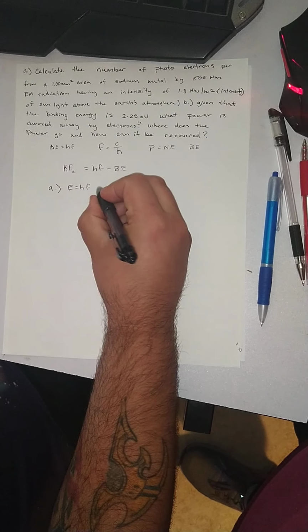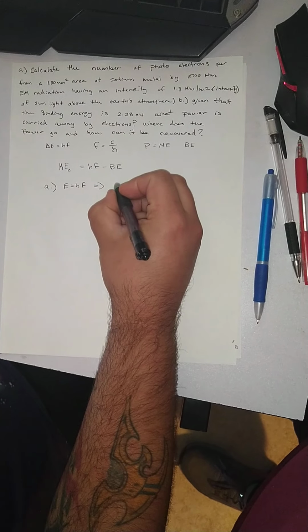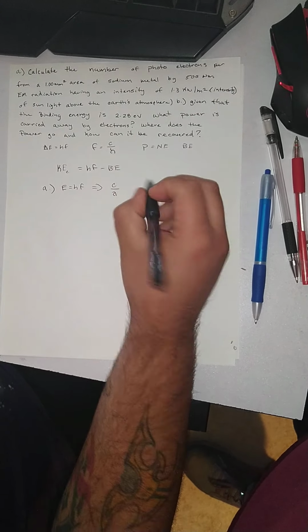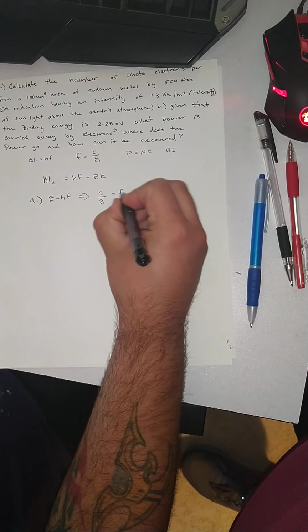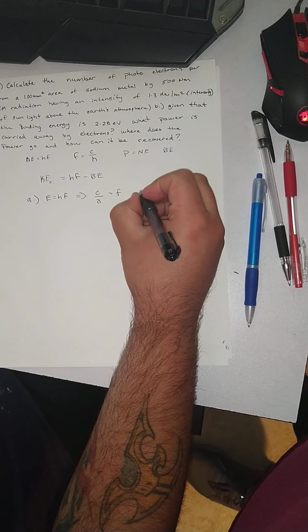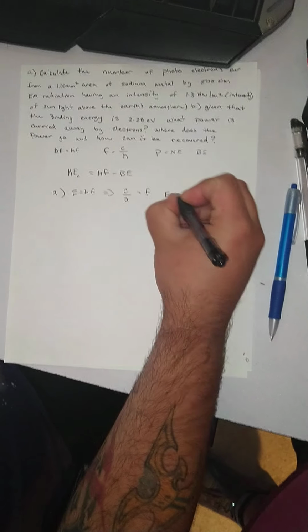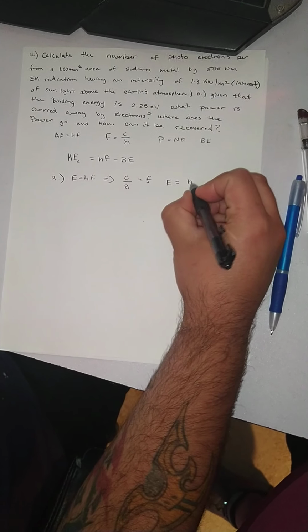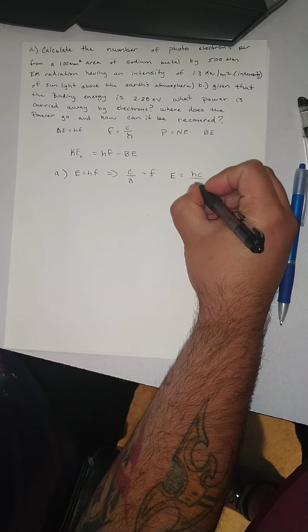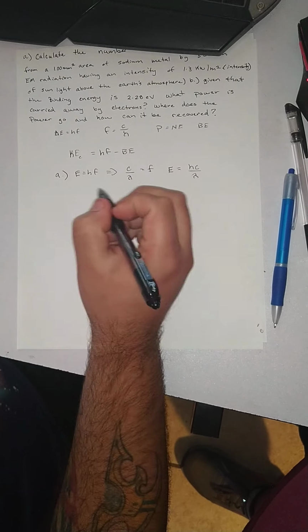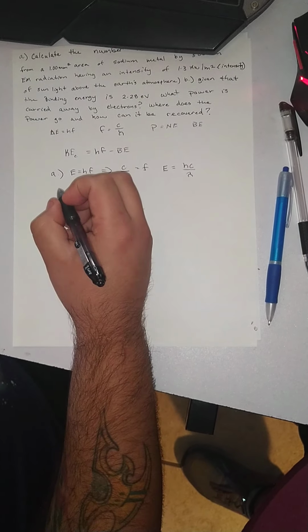Then we're going to change it to c over lambda equals f. So just by that information, we determine that E equals hc over lambda. Sorry, my lambda is kind of ugly. And then we can start filling in information.